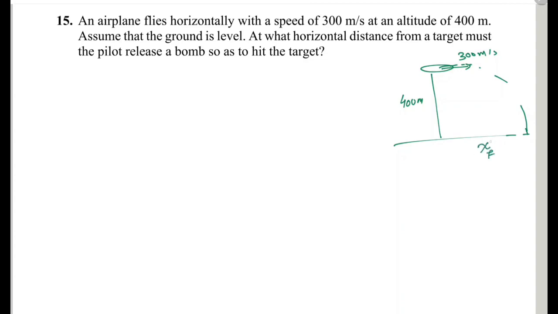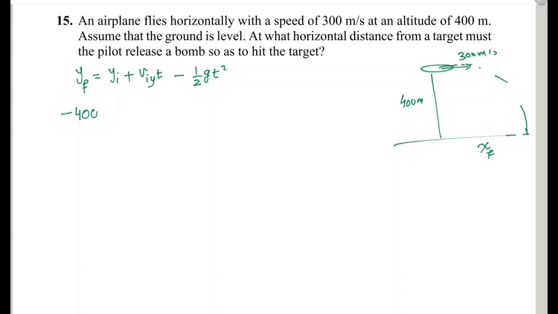To find the horizontal distance, now we need to find the time first and substitute this time back in this one here. So y final equals y initial plus the initial y velocity times t minus half g t square.